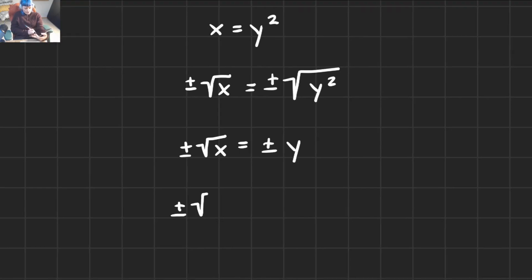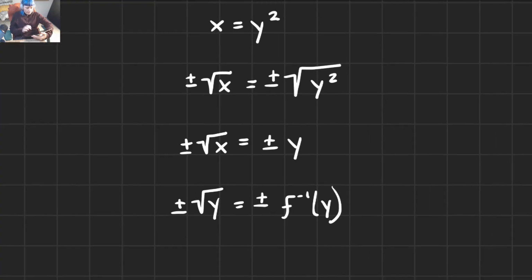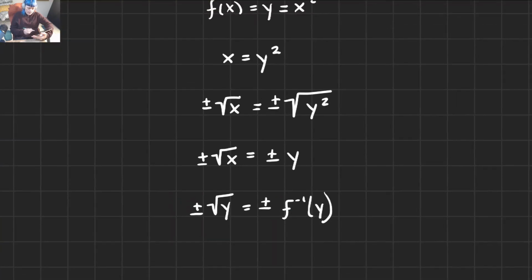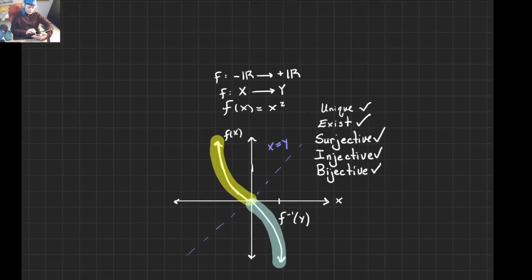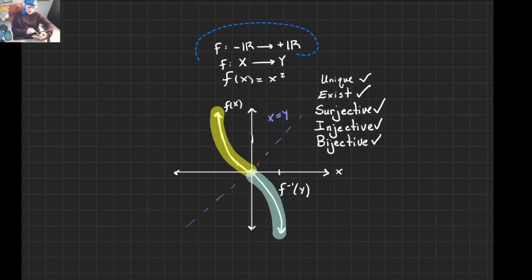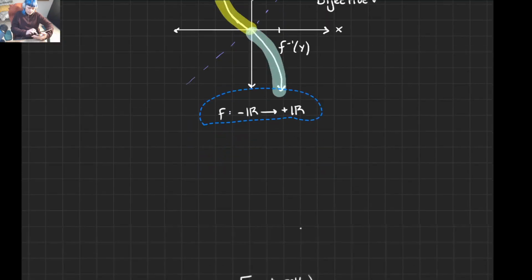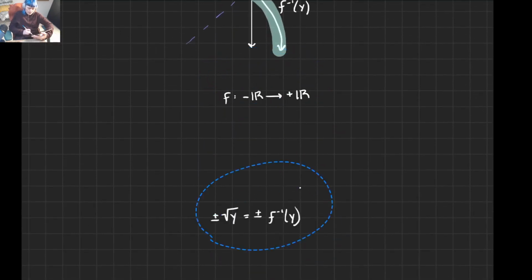So we have plus or minus the square root of y is equal to plus or minus f inverse of y. Okay, and we need to decide, is it positive or negative on both of these? And so let's just bring down this, because this will kind of guide us and tell us what we need to do.